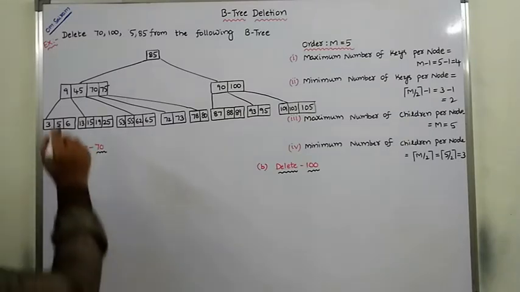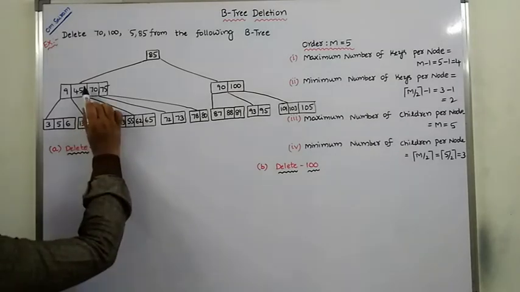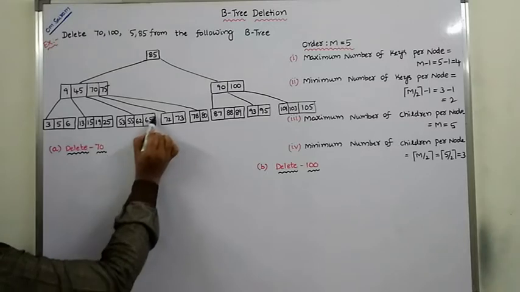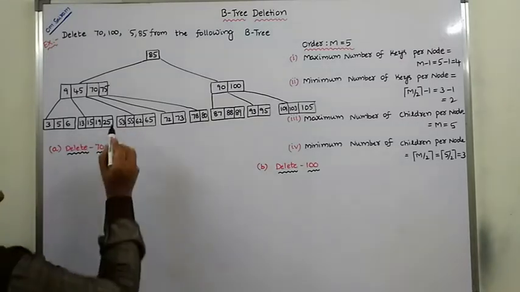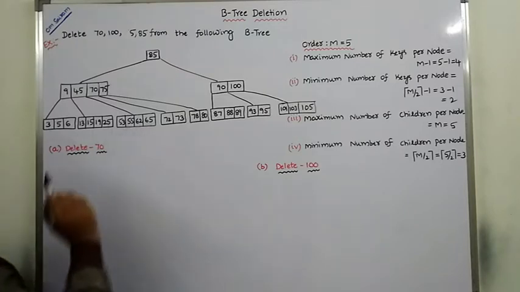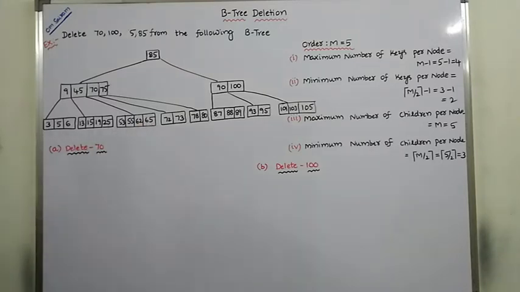Now I am considering the in-order predecessor. For 70, the in-order predecessor means the left pointer of 70 points to a left subtree. That left subtree contains a node with 4 key elements: 53, 55, 62, 65. The maximum element in the left subtree is 65.